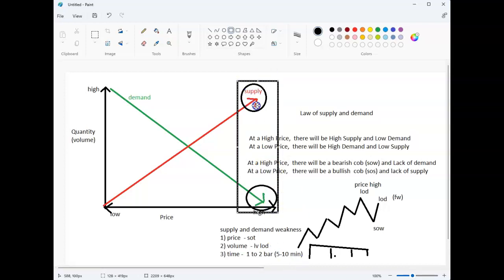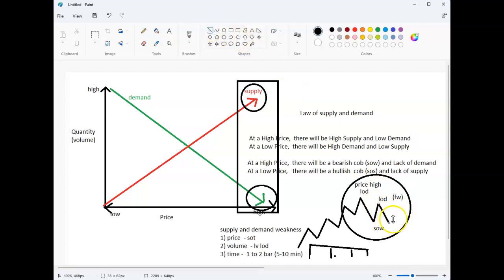So this right here, from the graph, is this piece. And then this, and then you know what happens? What I'm putting in this circle is this here: high supply, low demand. High supply as a sign of weakness, and low demand. All right. What happens afterwards? Price goes down because the trend has changed.